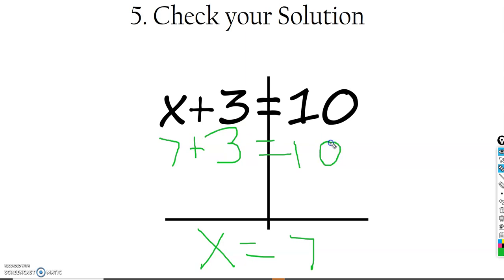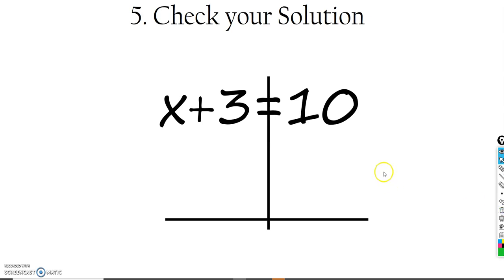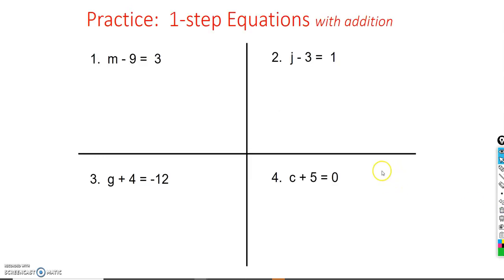Now, I know that this is elementary. I know this is easy, but guys, the thing about it is it's going to get tougher. So please go through every step. Let's go ahead and practice here. So I'm going to rewrite my equation if I was doing this on a piece of paper. Draw my wall. I need the inverse operation.